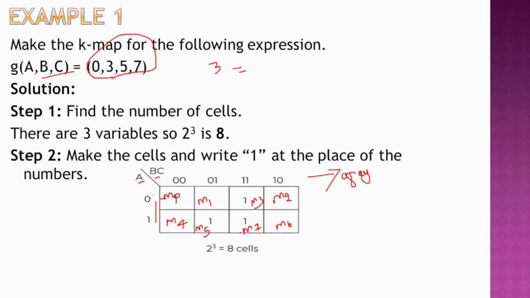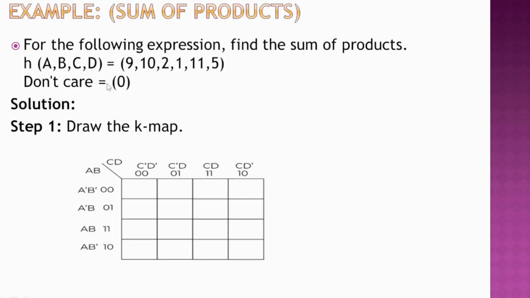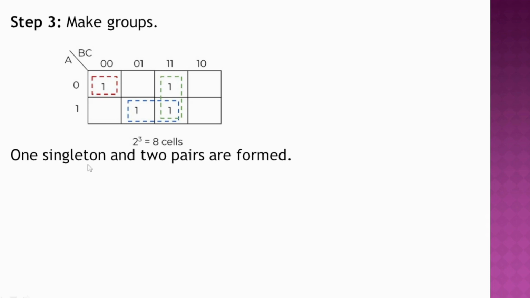Both are filled with 1. Afterwards, you need to group, either with this or this method, and the final one is grouped like this. Here one singleton and two pairs are formed. One is this pair and another one is this pair. This is the procedure to form the grouping in a K-map.